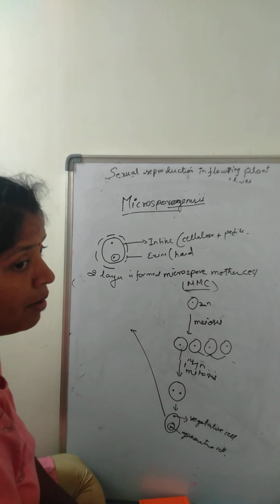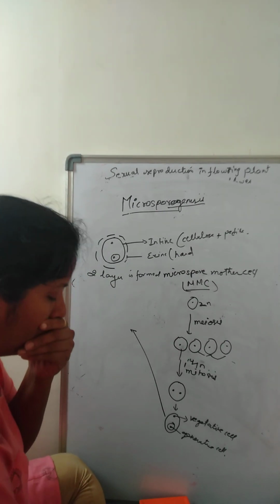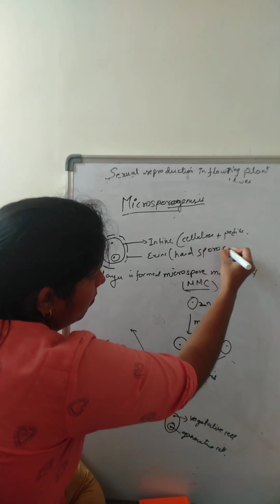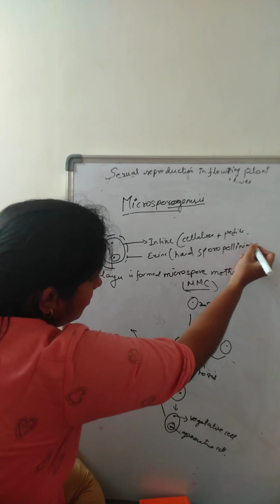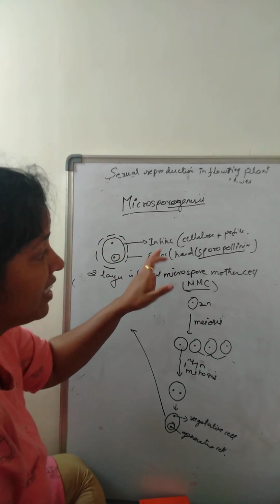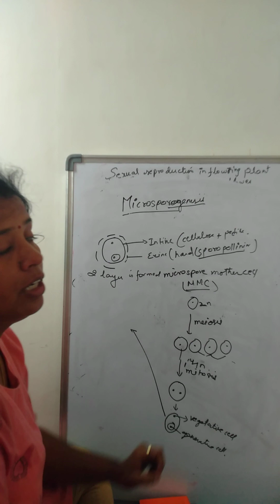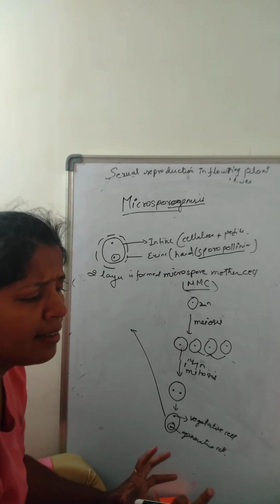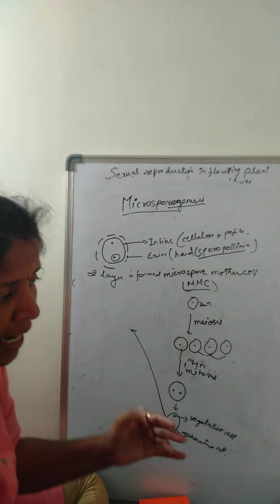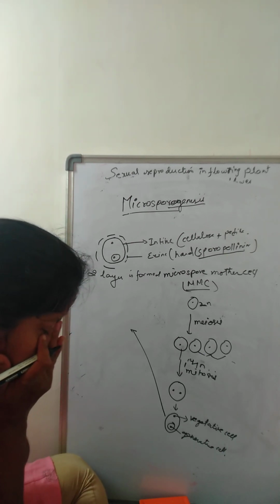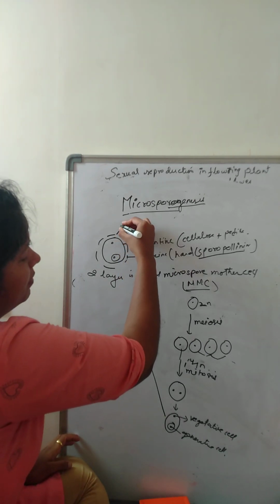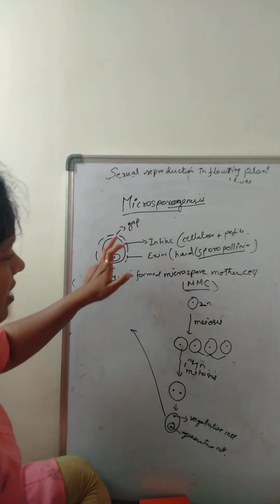Since it is made up of sporopollenin. This sporopollenin is highly resistant. Highly resistant means it is not broken by acid, alkali or anything. Here there is a gap, this is the gap.